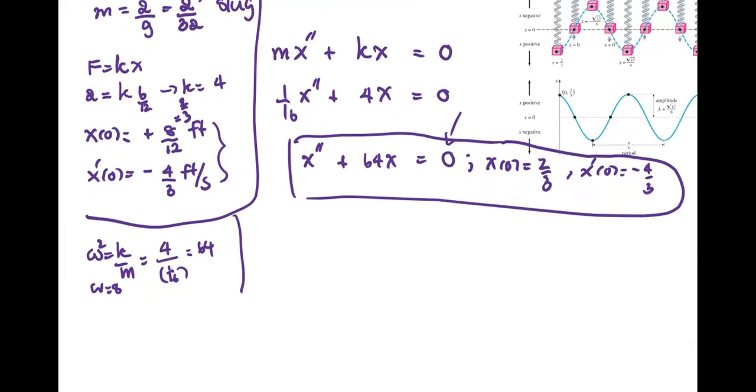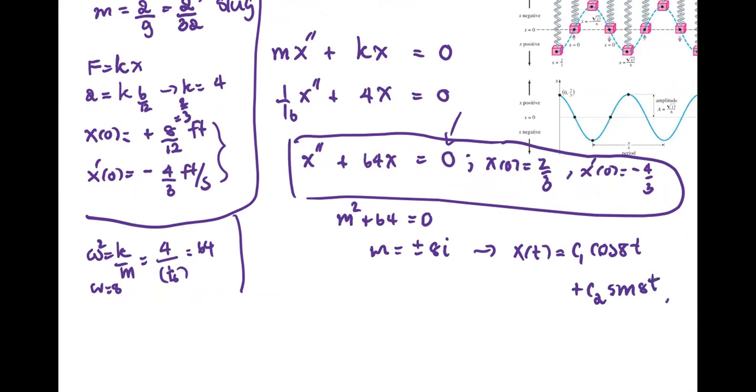Now, a quick way to solve: m squared plus 64 equals 0, so m equals plus or minus 8i. Therefore, the general solution is x of t equals c1 cosine 8t plus c2 sine 8t. And then we use the initial conditions to find c1 and c2.